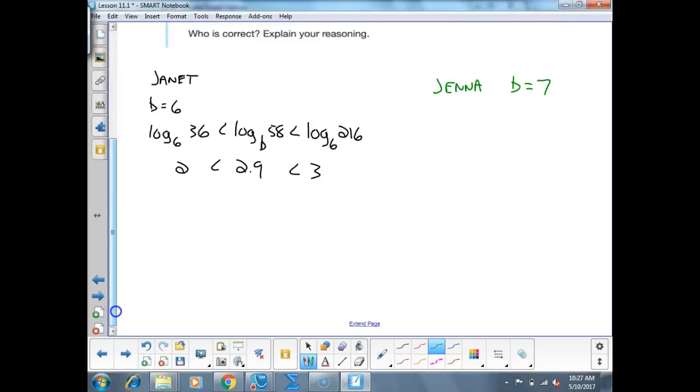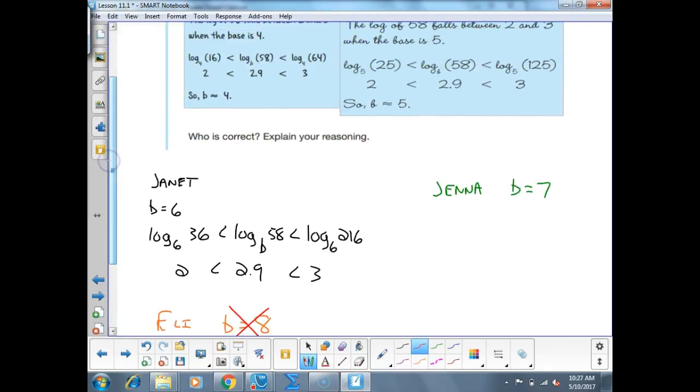What if Eli said the base was 8? Why not? So in Eli's, it would be between 1 and 2, right? So Eli would be wrong, but those other 4 would technically be right.